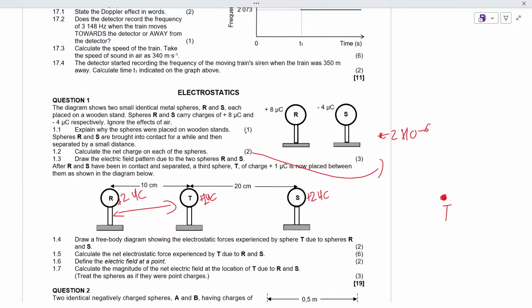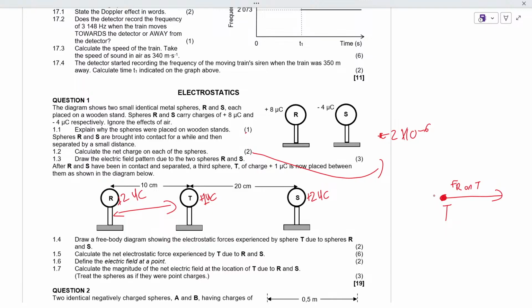To the right, yes. Because same signs repel, meaning it's going to push it away from where it came from, which is to the right. So to the right will be the force of R on T. Yes, it's going to be this side. This is a free body diagram.